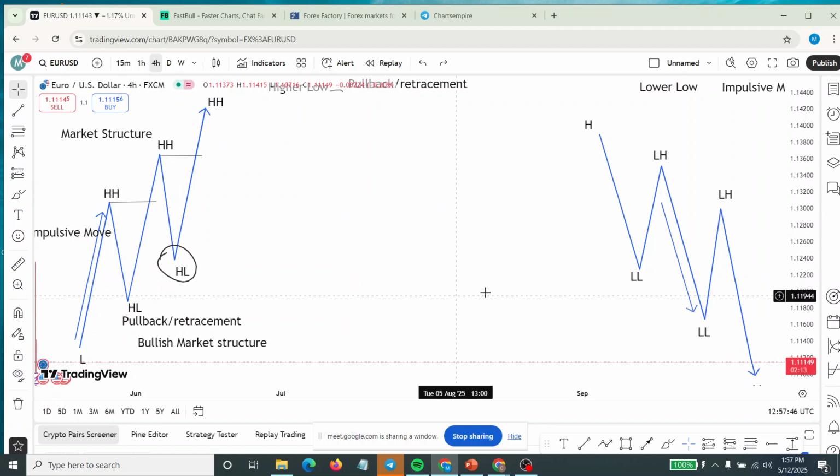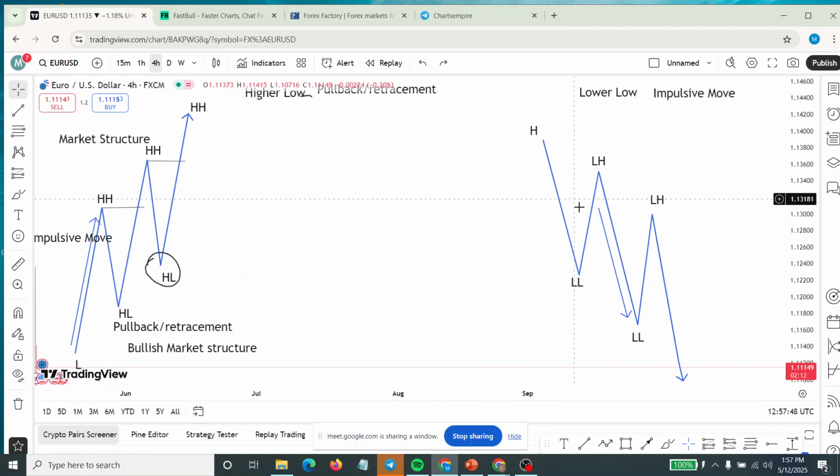In the bearish scenario as well, the only interest you want is to sell a particular market. And if you are selling, you want to sell at a pullback or retracement with this lower high here. So let's assume with this structure, we want to sell this particular market.